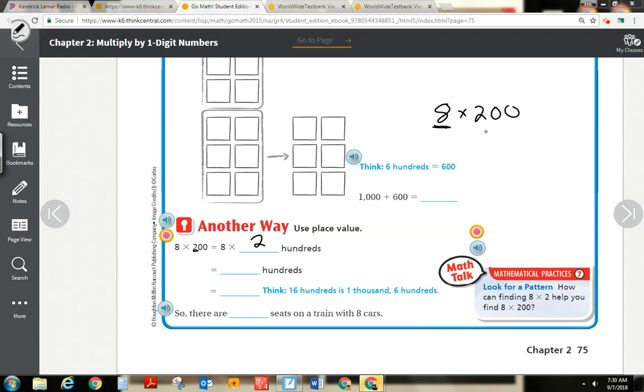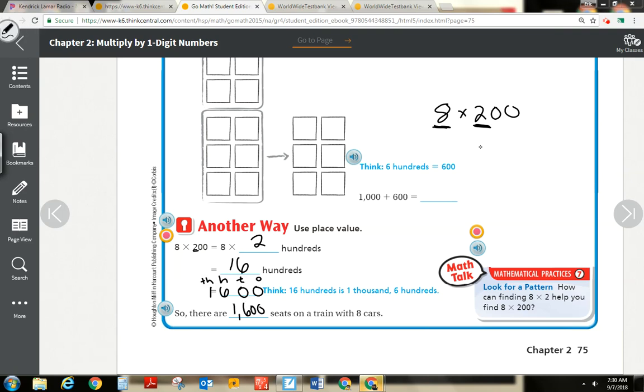I look at it as 8 times 2 is 16. Well, 16, I can make my place value chart. Well, 16 needs to end in that hundreds place, and then I fill in the zeros. So there are 1,600 seats on the train with 8 cars.